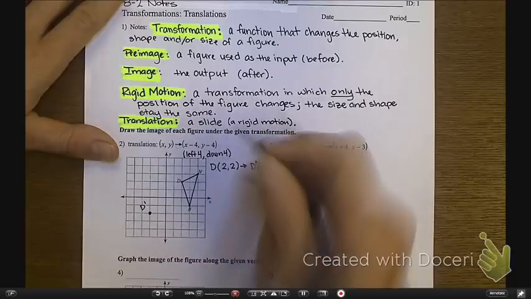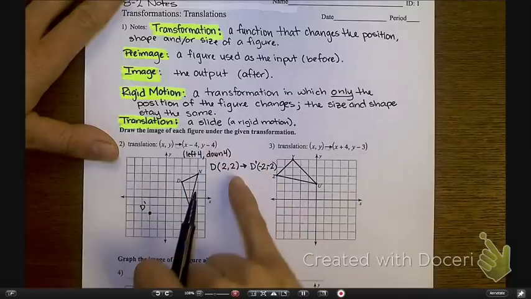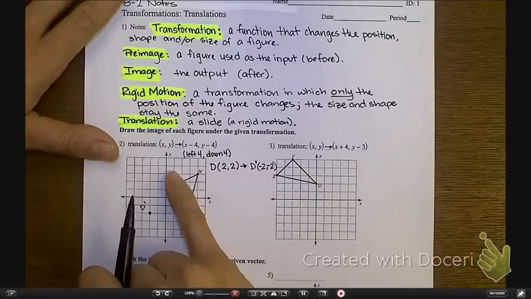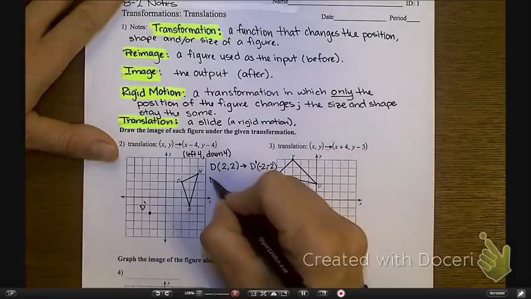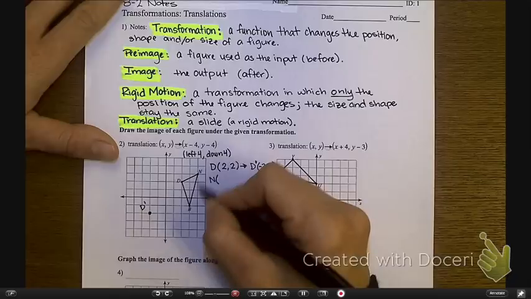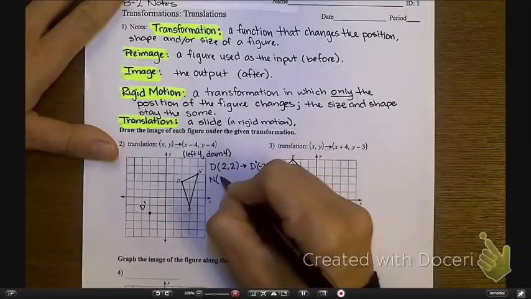Now I can figure out where each of these new points is by applying the coordinate rule, or by just counting on the graph and shifting them. If I were going to figure out where N would end up, the coordinates for N are 4, 3.